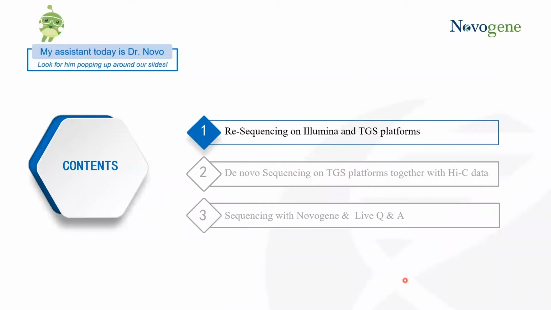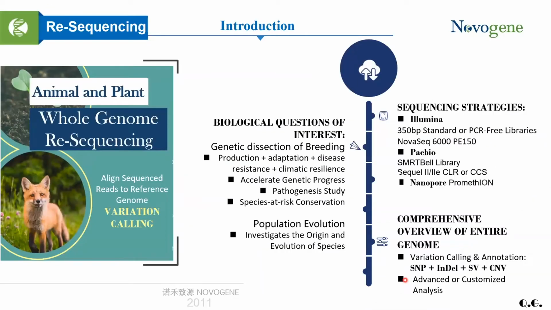First of all, I will start with resequencing on Illumina and third-generation sequencing platforms. Resequencing refers to sequencing on species with available reference genomes, and this could be achieved by Illumina or third-generation sequencing platforms.